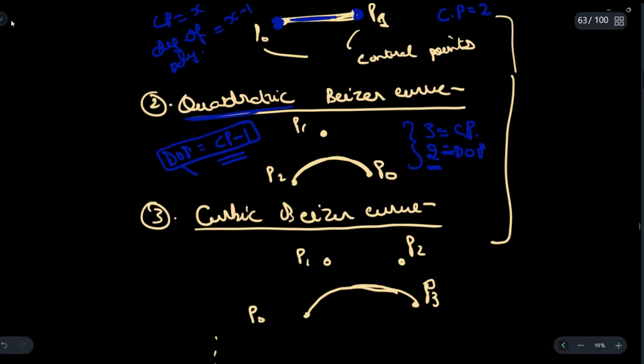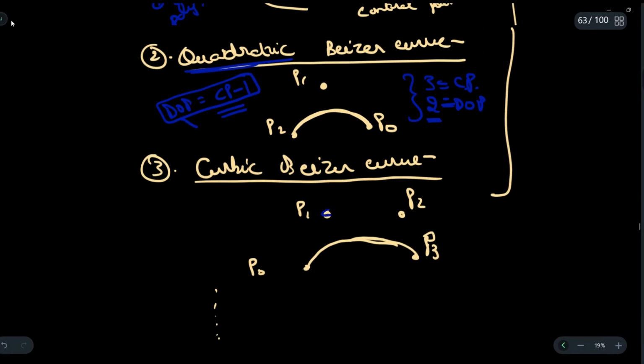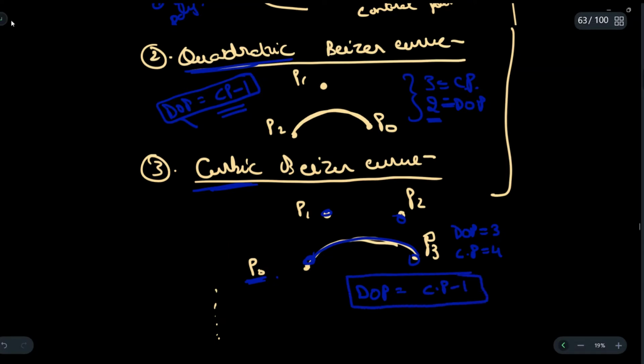Similarly over here you will notice that we have four control points, that is P0, P1, P2 and P3. And over here we have a cubic curve, and by cubic we mean that the degree of the polynomial will be equal to 3 and the number of control points is equal to 4. So we can write that DOP, or the degree of polynomial, is equal to control points minus 1. This is a very important property of the Bézier curve and you should remember it.